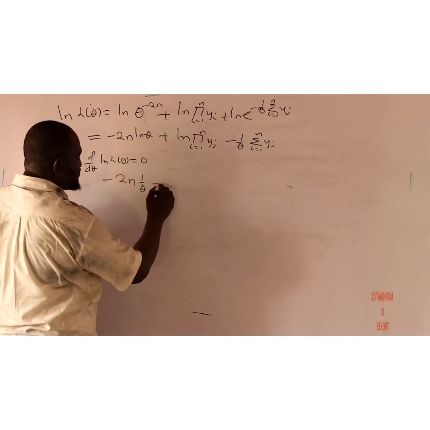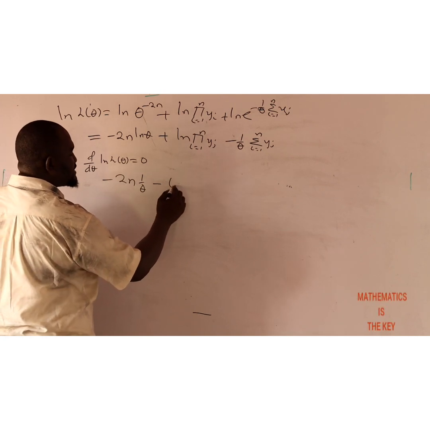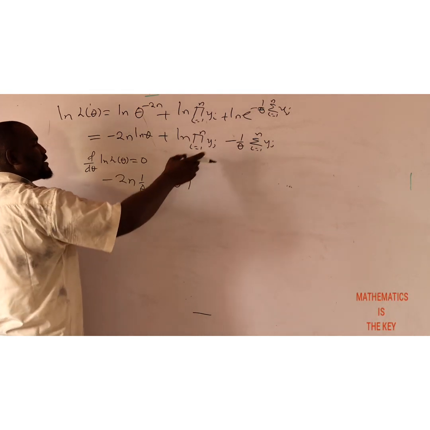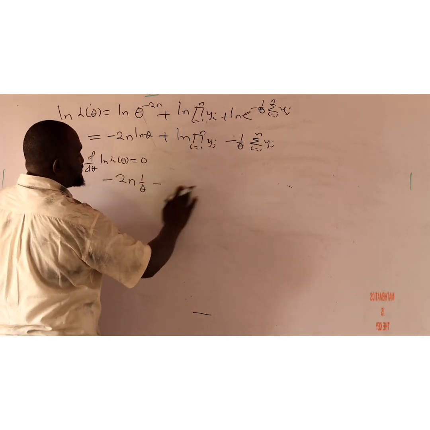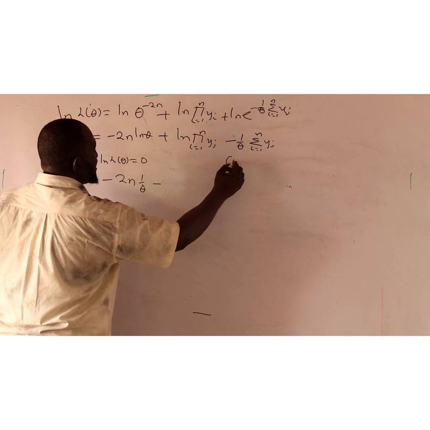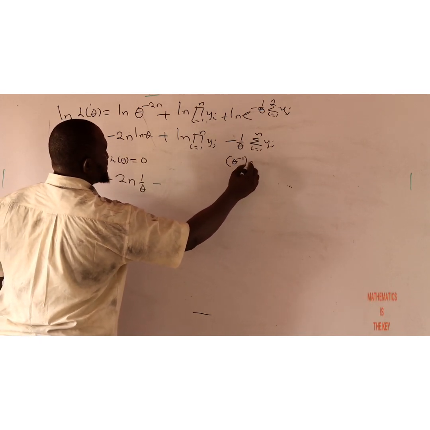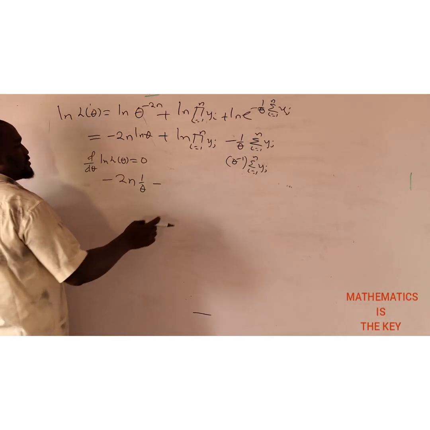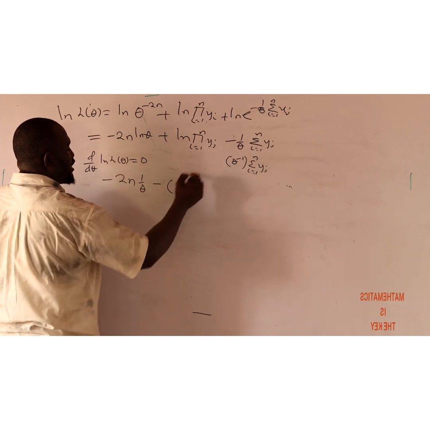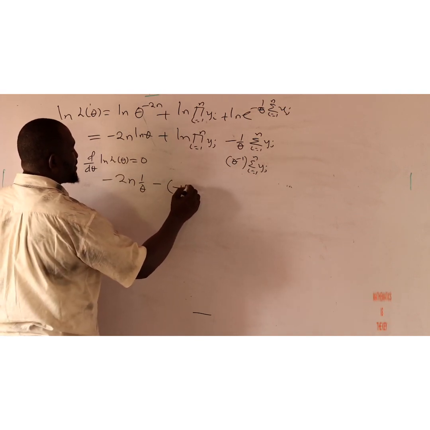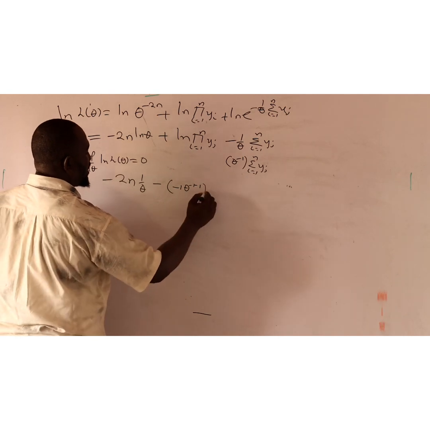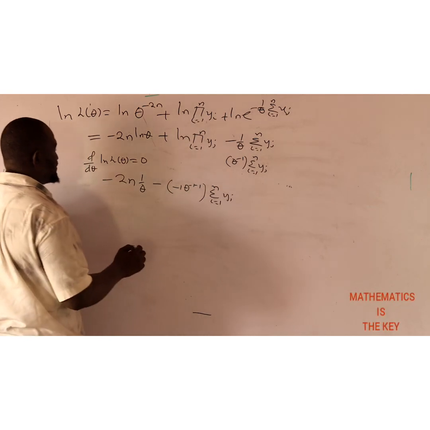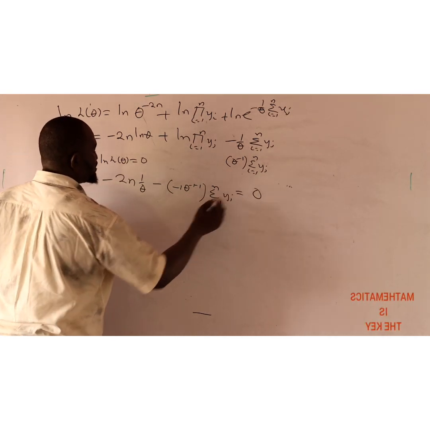For this one, we have minus 1 over theta, which is initially theta to the power of minus 1, times the summation from i equals 1 to n of yi. Differentiating, the power multiplies the function, giving minus 1 theta, and the power reduces by 1. Then we have the summation of yi equals 0.